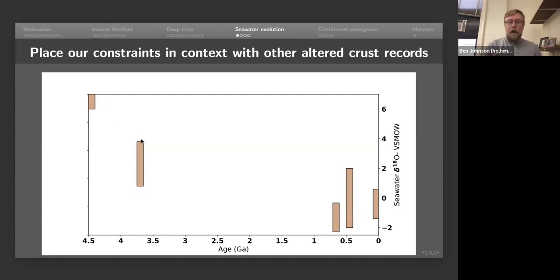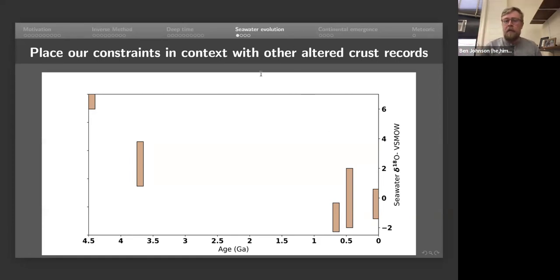This bar here at about 3.7 billion years ago, these are estimates from Emily Pope et al., I think 2012, from Isua, from serpentinites in Greenland. And the other ones down here in the Neoproterozoic to Phanerozoic are a number of 1D ophiolite sections. I should add, actually, there's another one by Holmden and Muehlenbachs that is about 1.7 billion years old that shows up sort of between -2 and 2 per mil over here.